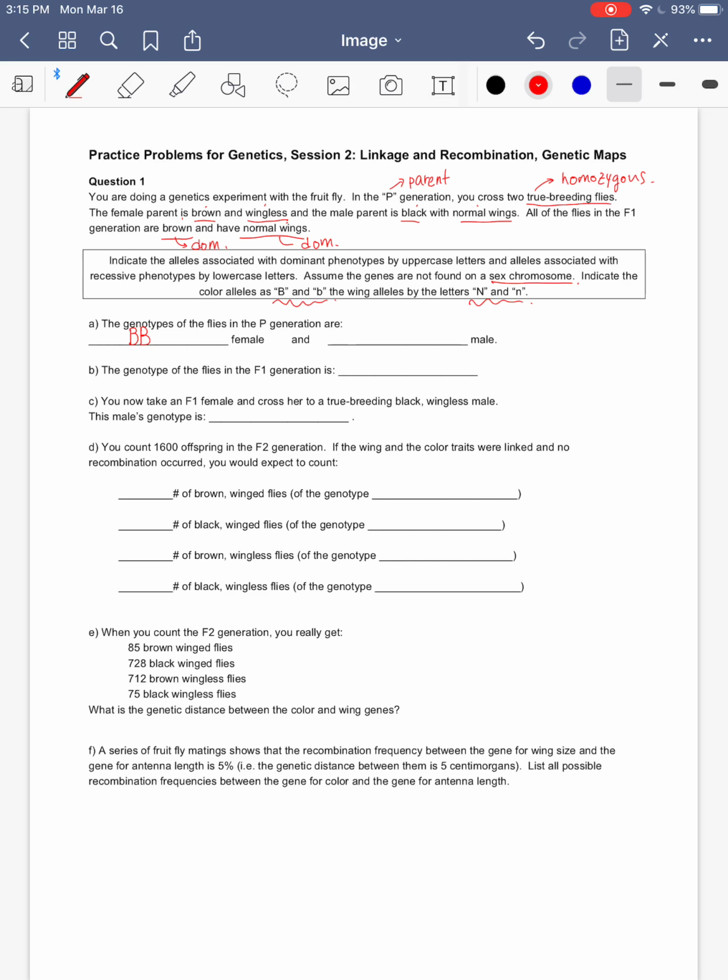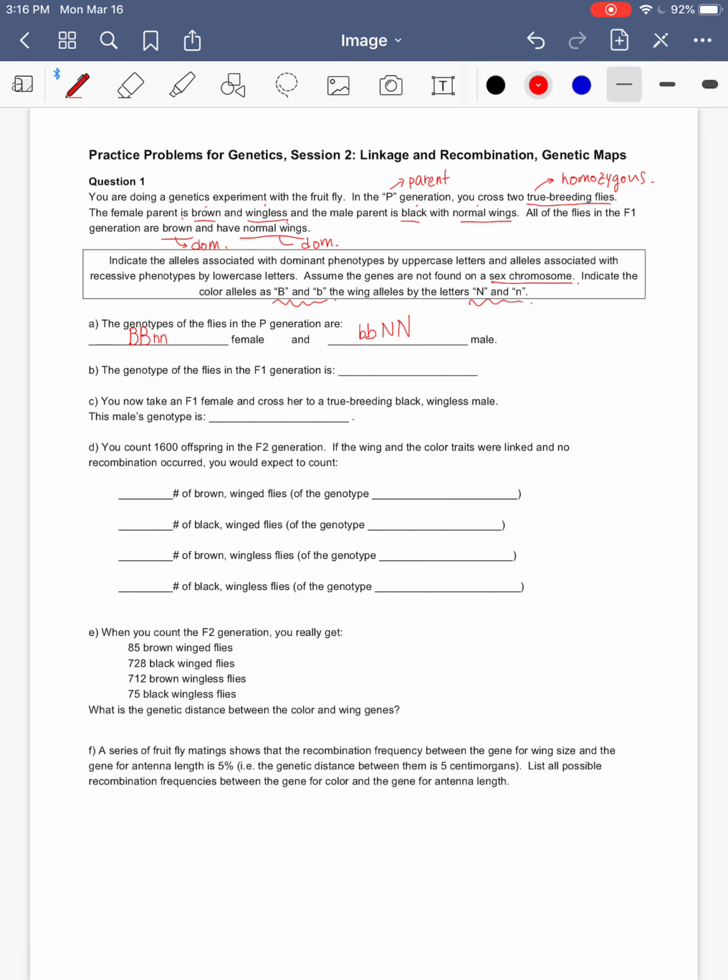So the female would be homozygous recessive for wings. And then for the male, it's black, so it should be homozygous recessive for color and normal wings, so homozygous dominant.